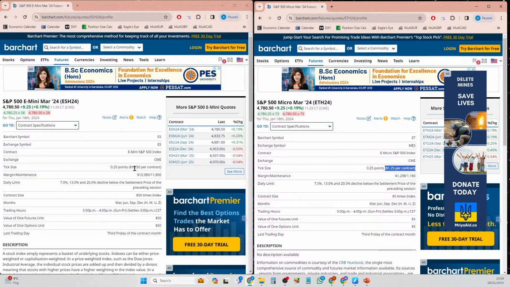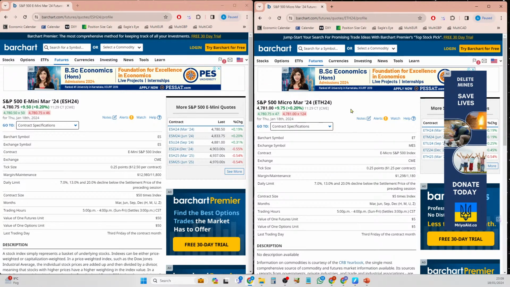So you can see the $12.5 per contract has now become $1.25 per contract. So micro is a smaller contract as compared to E-mini S&P, and we'll be trading this particular contract while you are practicing how to learn this.